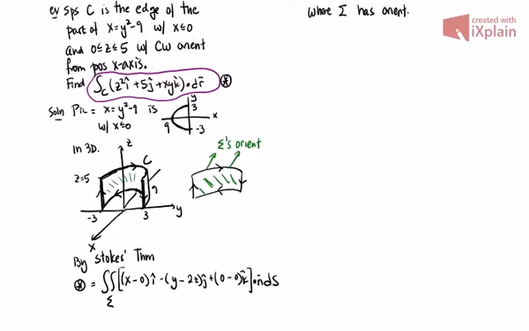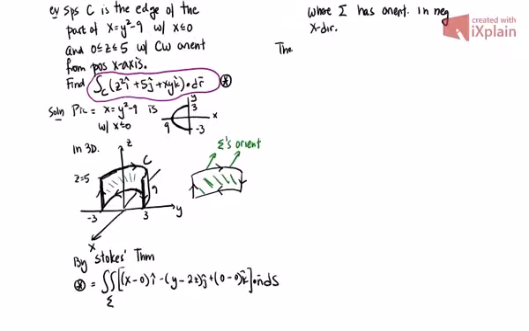So the way we'll phrase this is sigma has orientation in the negative x direction. Sort of backwards. So Stokes theorem is done.